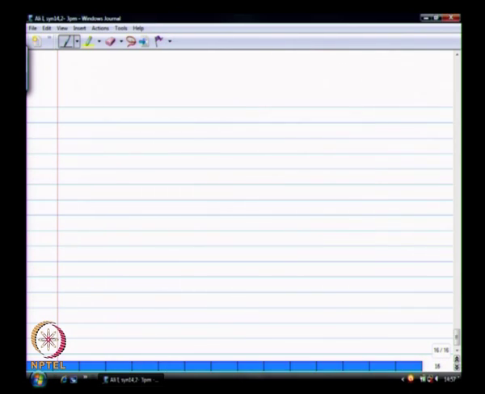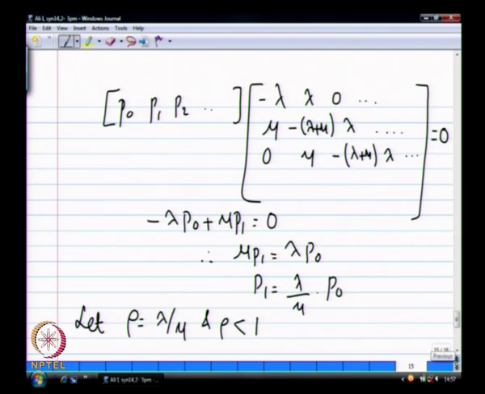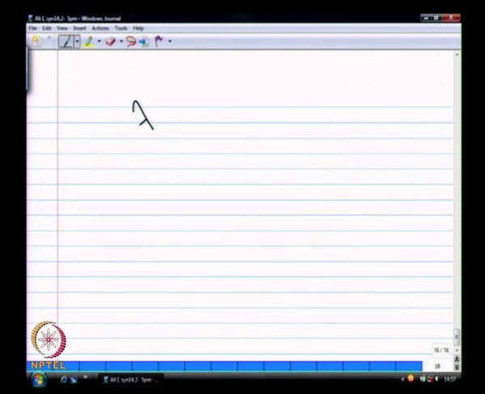Okay, so my first equation gave me this balance form. My second equation is my second balance equation.